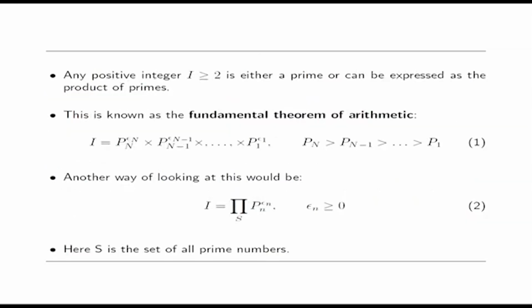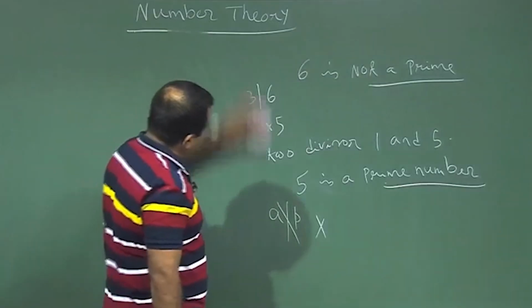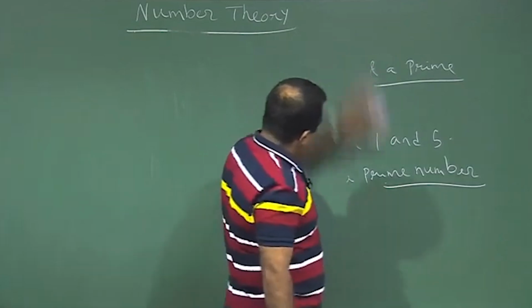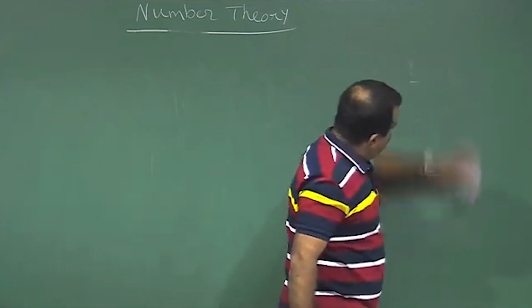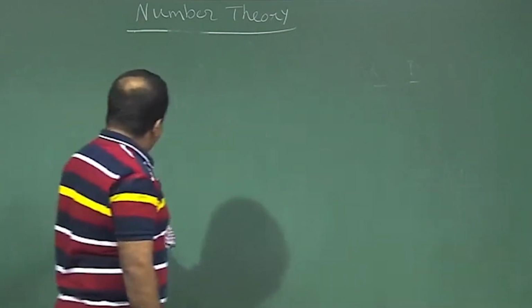Now, this is the fundamental theorem of arithmetic. Any positive integer is either a prime or it can be written as a product of primes.